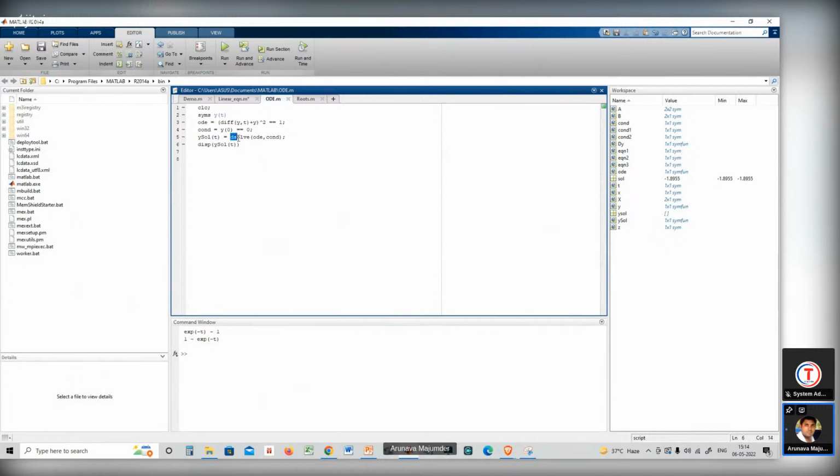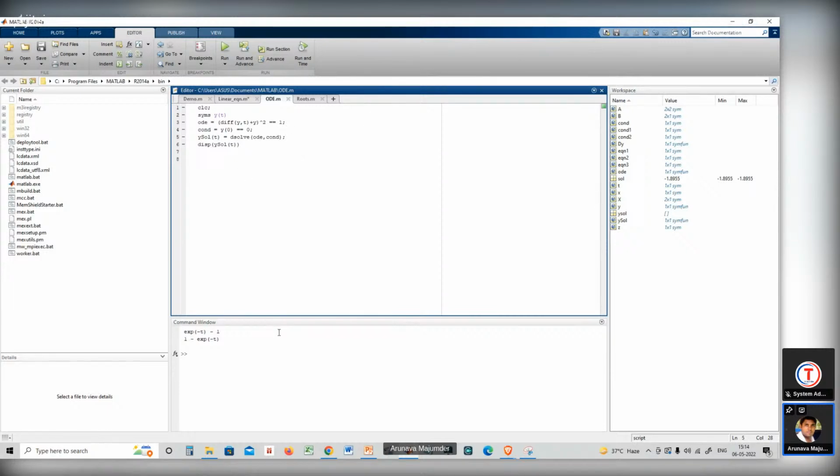The main thing you need to use is dsolve. dsolve is the command. As for how many arguments there are and how many variables you can use inside this function, there are many other variations of dsolve which you can find on the MATLAB website. Many kinds of things are there.